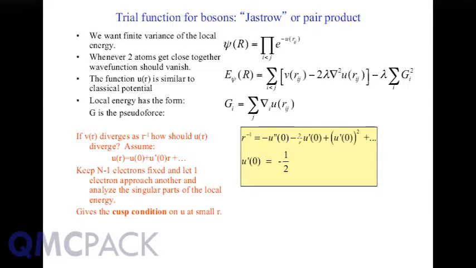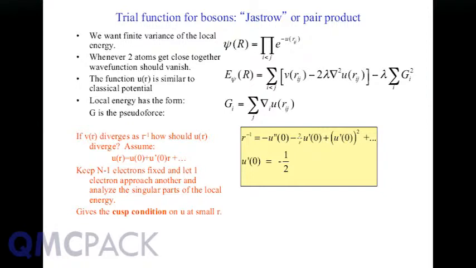That doesn't diverge as 1/R. You have 2/R times the derivative of U. That diverges. And then you have U prime of 0 squared. That doesn't diverge. So you can see that the 2 terms that diverge are these 2 terms. So they must cancel out. So that leads to this equation that the derivative of U at the origin has to equal -1/2 in order for the local energy to not diverge at R equals 0. So this is the so-called cusp condition.